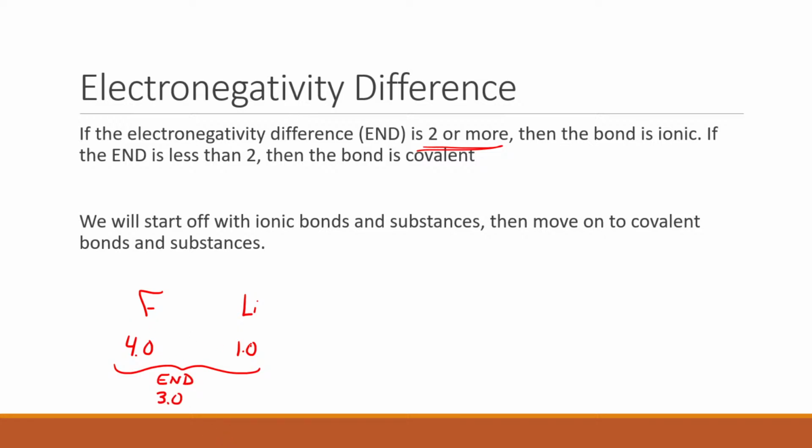We take the bigger one, take away the smaller one. Since that's 2 or more, that's going to tell us the bond is ionic.